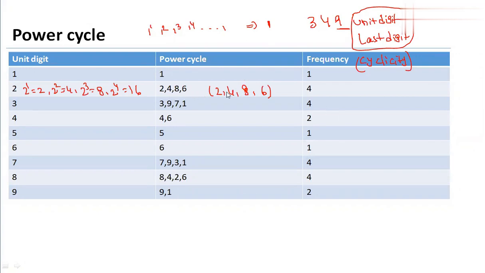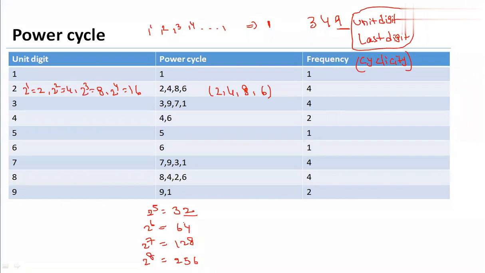So the power cycle is these four numbers. The meaning of this is that after every four powers of 2, the unit digits of 2 are going to get repeated. I'm repeating it once again, guys, please understand it clearly. After every four powers of 2, the unit digits of 2 are going to get repeated. So 2 power 5 is 32, 2 power 6 is 64, 2 power 7 is 128, and 2 power 8 is 256.